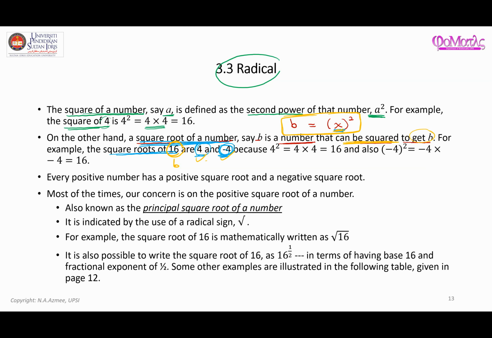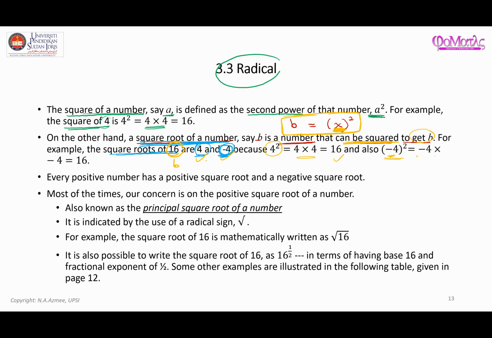Okay, so you can see over here what I have written so far. 4 to the power of 2 is 4 times 4, which is 16, and also negative 4 to the power of 2 is negative 4 times negative 4. You will also get 16. So basically, square root of a number is a number that whenever you square it, you will get the value of b.